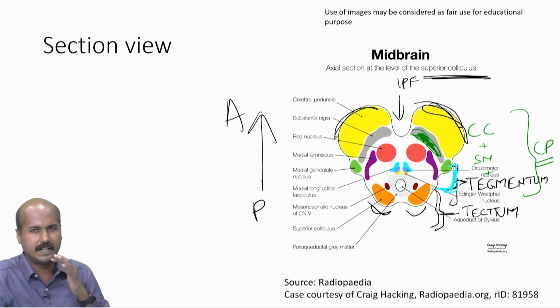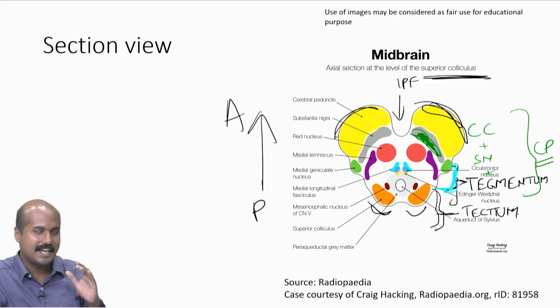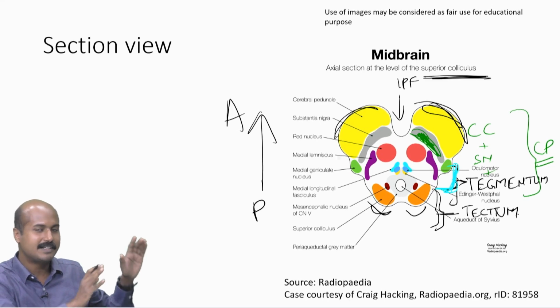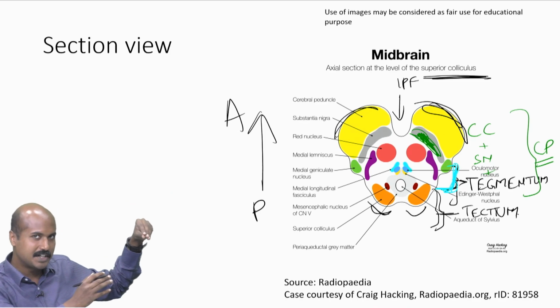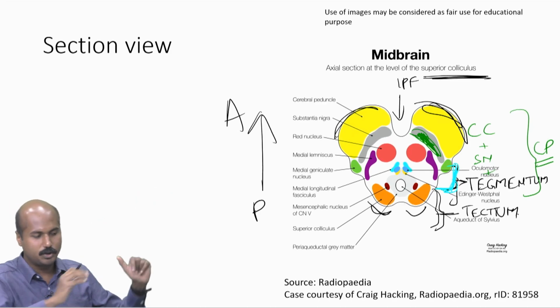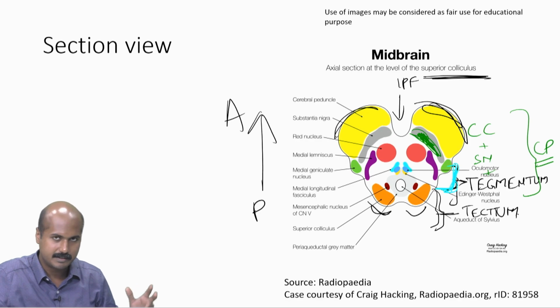So cerebral peduncle and the crus cerebri are not the same if you consider the anatomical terms. The cerebral peduncle is the crus cerebri plus the substantia nigra plus the tegmentum. Together you call it the cerebral peduncle.